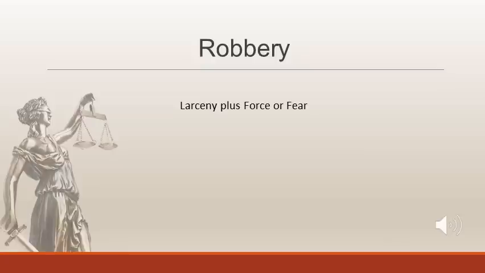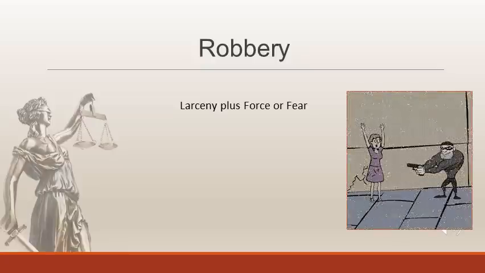So this would be like your muggings in an alley where somebody comes up and holds a gun against you and says, give me all your money. That's a robbery. Or going into a bank with a gun and threatening the teller in order to get money from them. That would be a robbery.